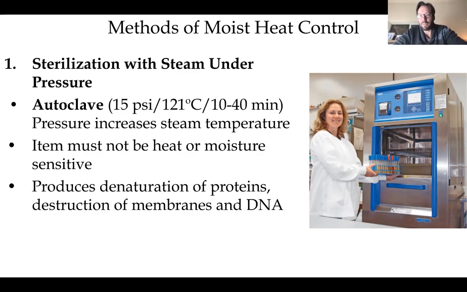It's still effective at 15 psi and 121 degrees Celsius for usually about half an hour, anywhere from 10 to 40 minutes. And the things you use in an autoclave, of course, can't be sensitive to heat or to moisture.